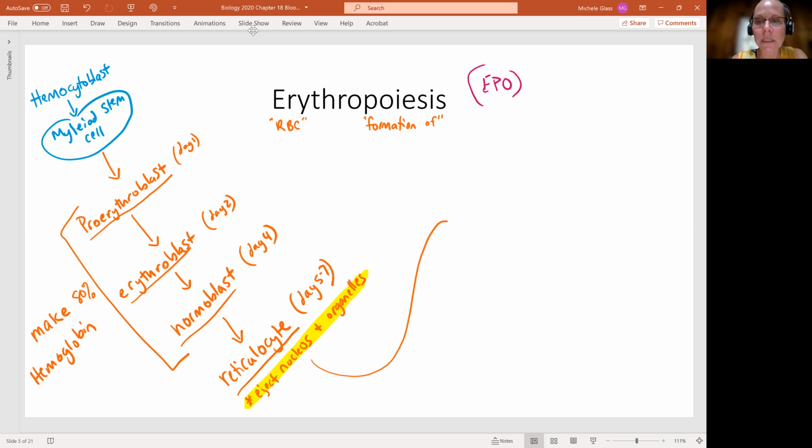And so then what we see happening is the reticulocyte is what's going to actually enter circulation. And it's going to be in circulation for about 24 hours. And that's when we then call it, let me go ahead and say erythrocyte, or what we can abbreviate as the red blood cell, RBC.